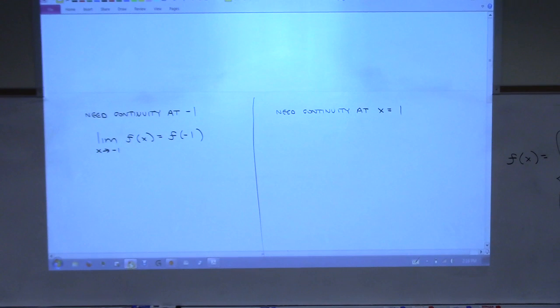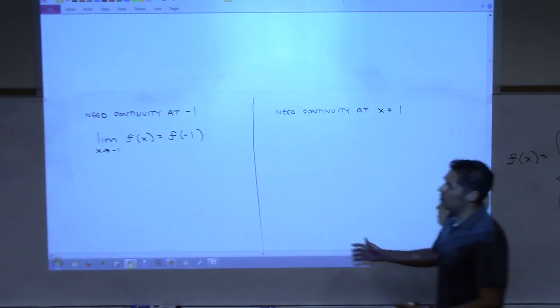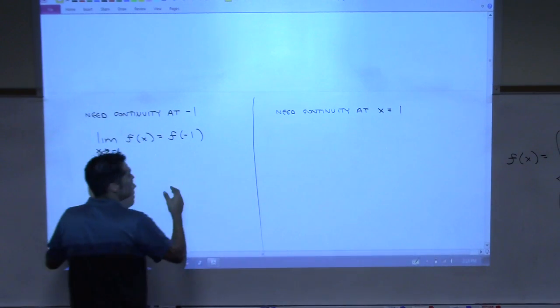And this one I remember: if -1 is less than or equal to x less than or equal to 1, and this one was x greater than 1.